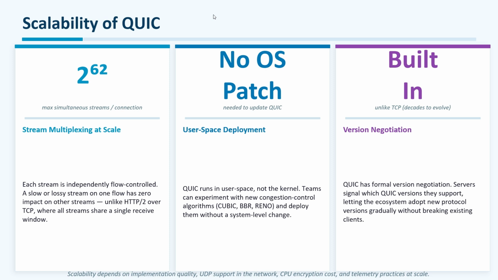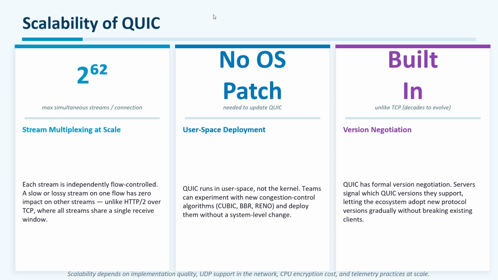Stream multiplexing at scale. QUIC supports up to 2^62 simultaneous streams per connection. Each stream is independently flow controlled, meaning a slow stream or a lost packet on one stream does not slow down any other stream. This is fundamentally more scalable than HTTP/2 over TCP, where all streams share a single window. Version negotiation.